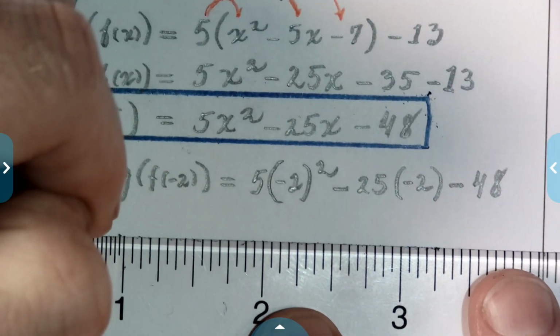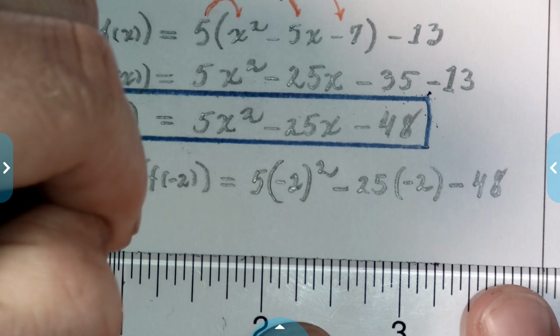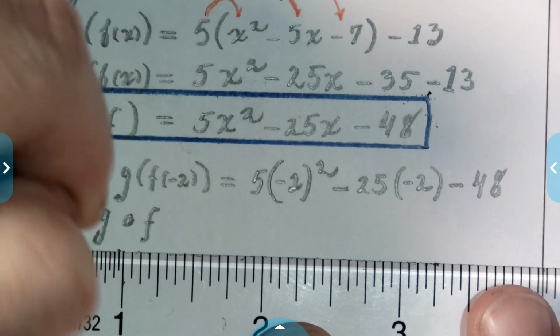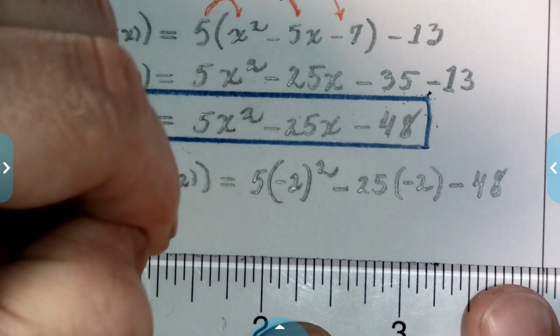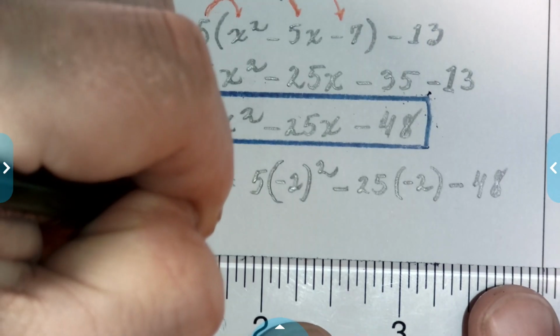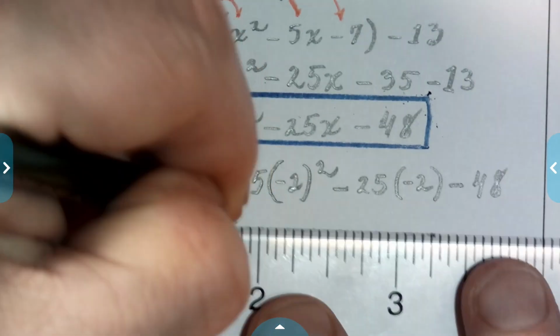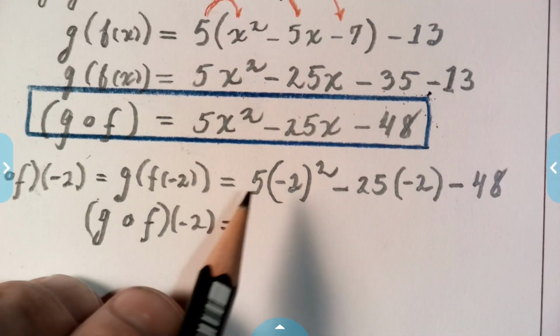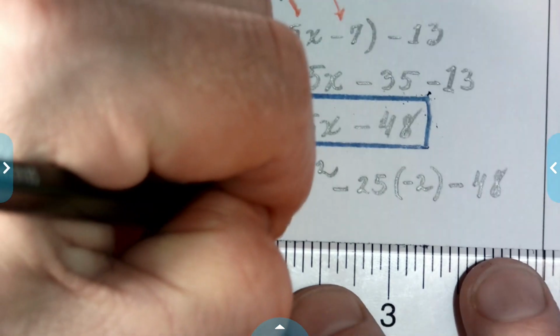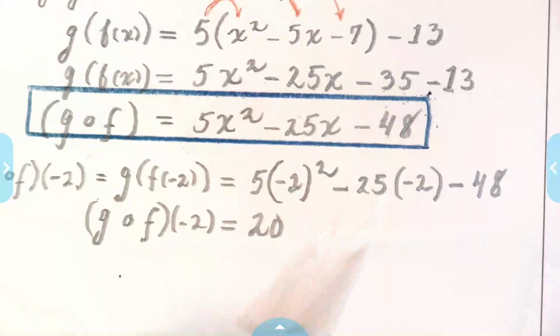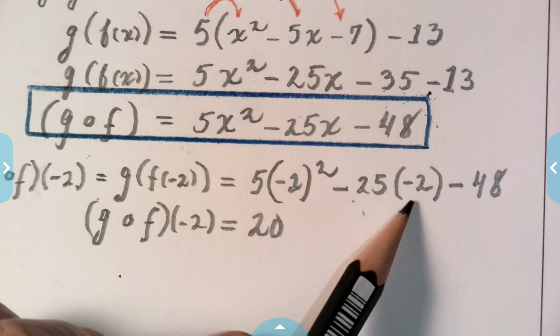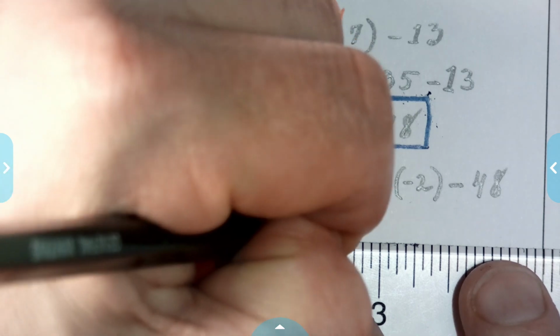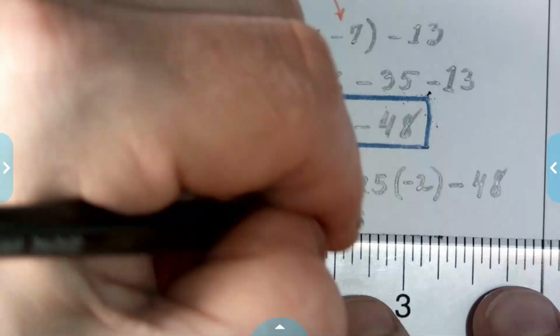So G composed with F at -2 equals -2 squared is 4. 4 times 5 is 20. And then I've got -25 times -2. And that's 50, plus 50. And then -48.